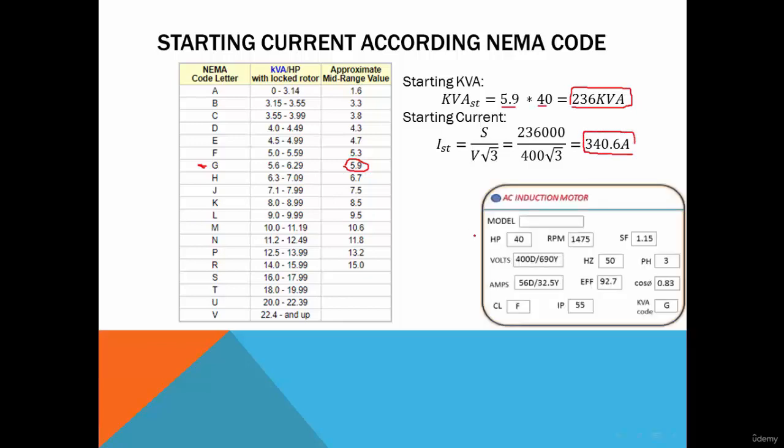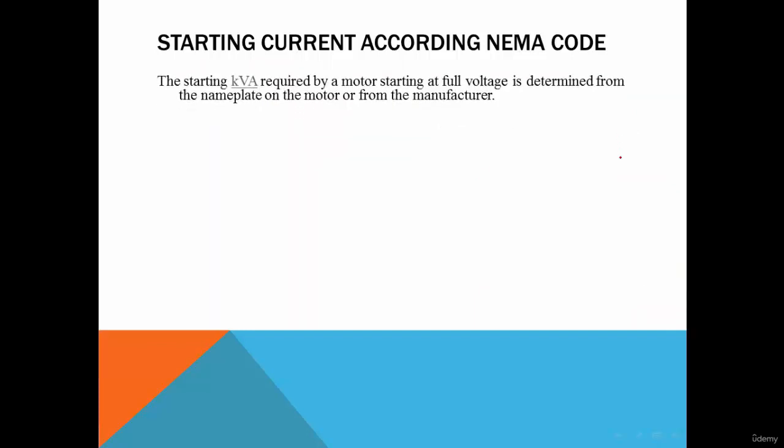Of course, you can note right here the value of the rated current is 56 ampere, and the starting current is 340.6 ampere.